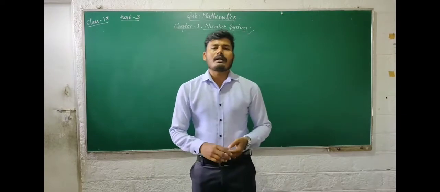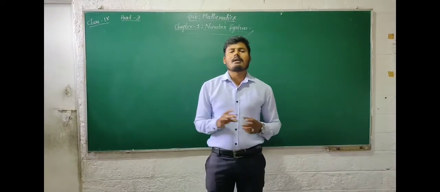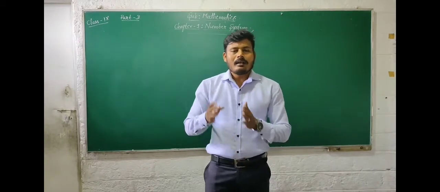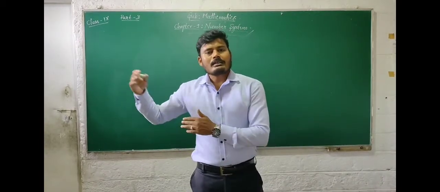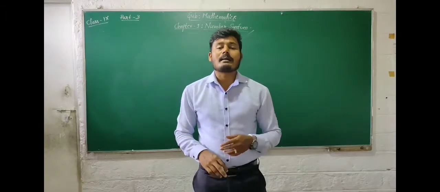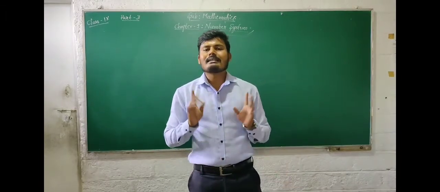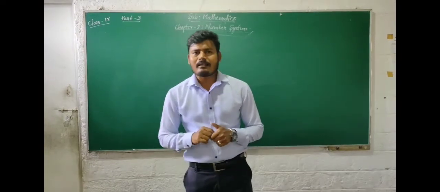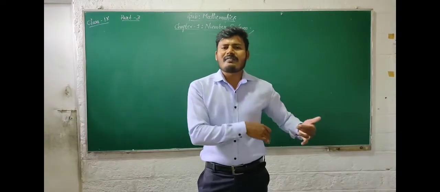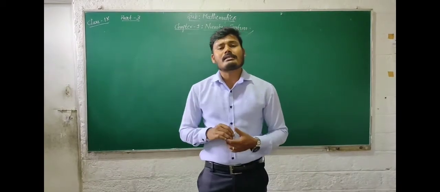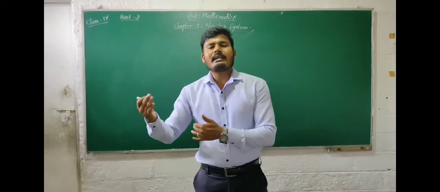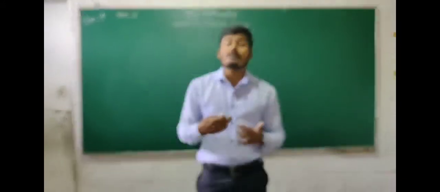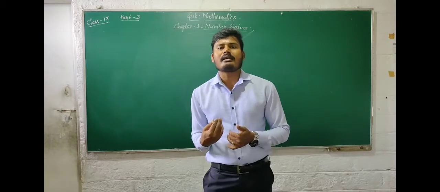So now all of you know about the number line. What is a number line? A straight line which consists of 0, some positive integers, some negative integers. So this is called a number line. Then what is the use of the number line in mathematics? It is very easy to explain the uses or applications of the number line.